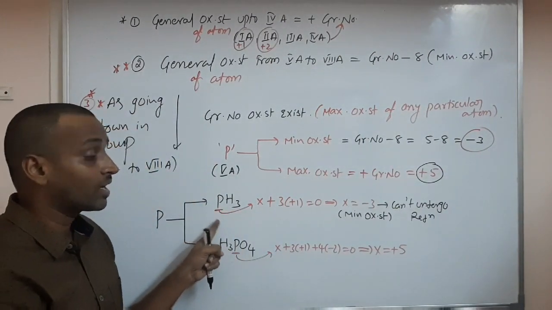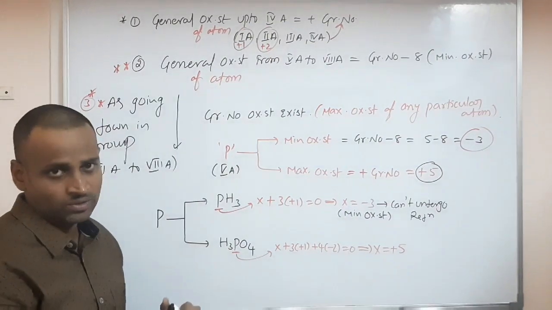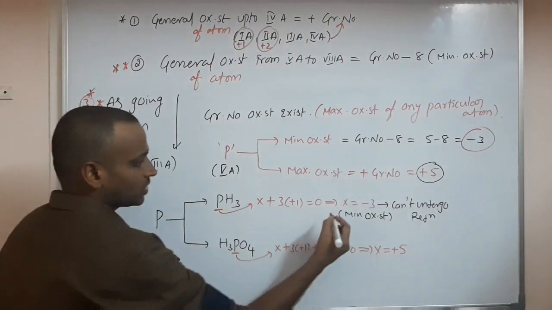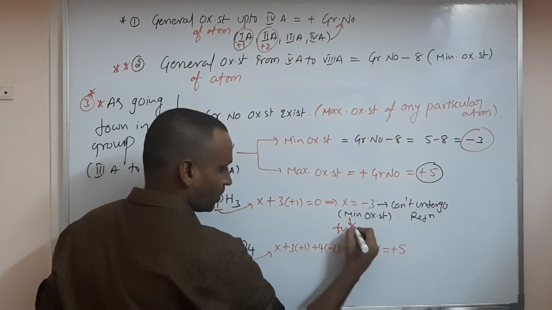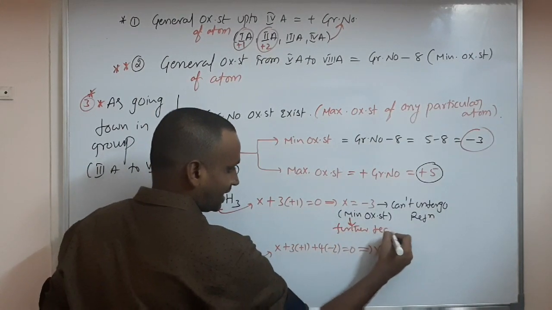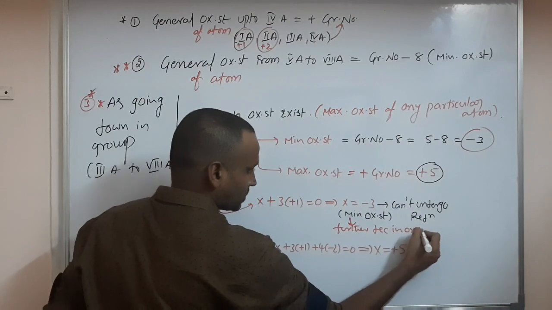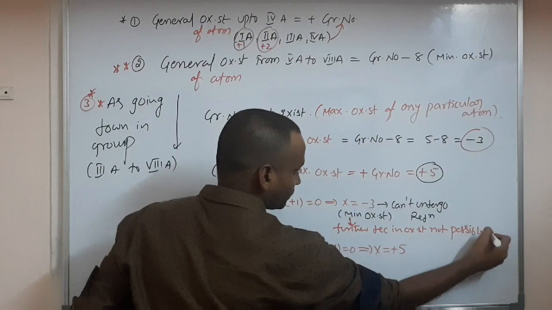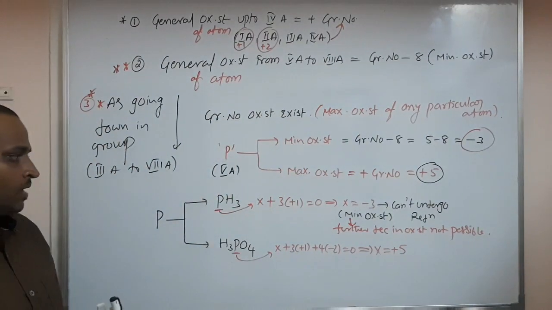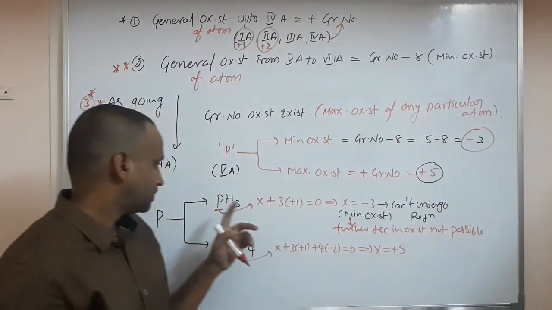So this PH3 cannot undergo reduction. Hope you understood. Because what is the reason? Minimum oxidation state means further decrease in oxidation state is not possible. Hope you understood everyone.